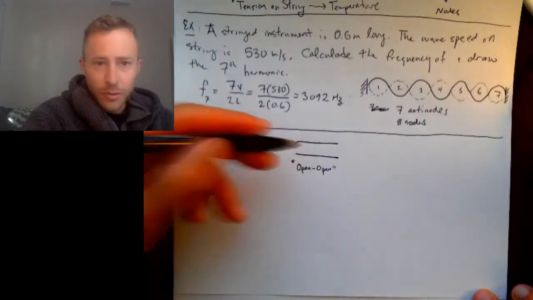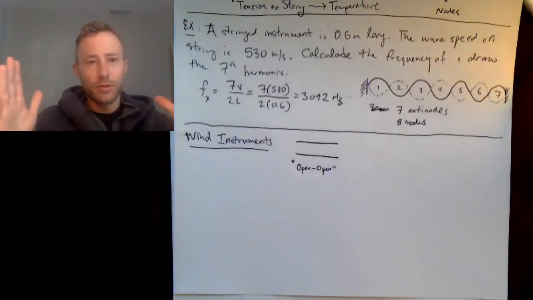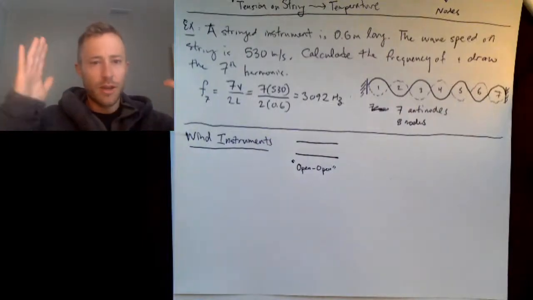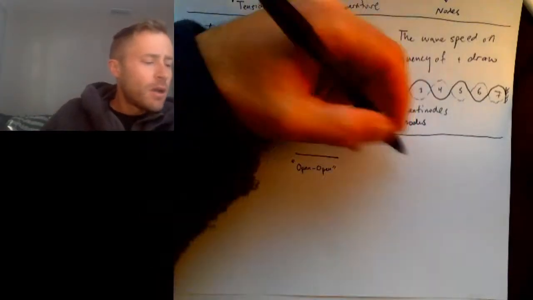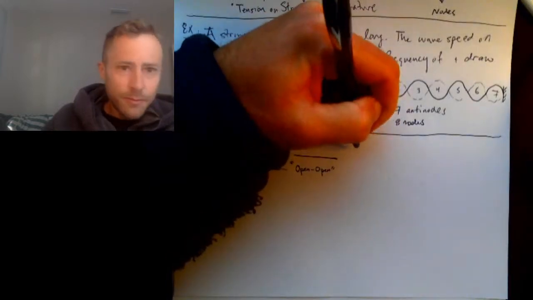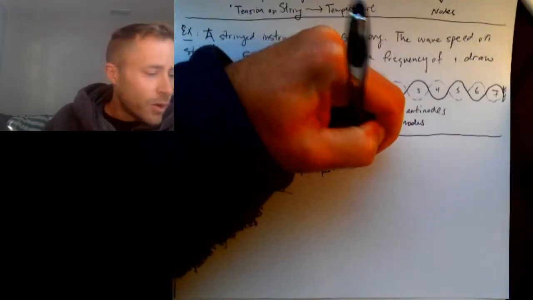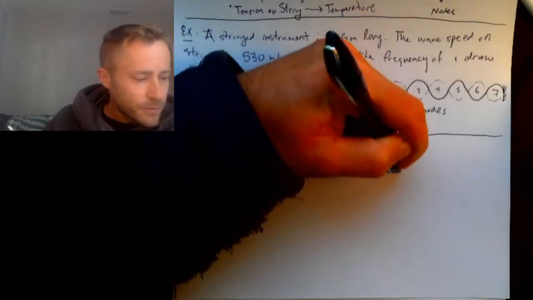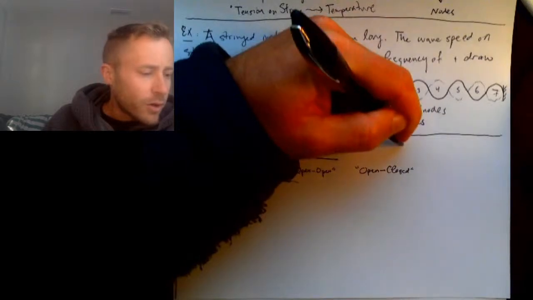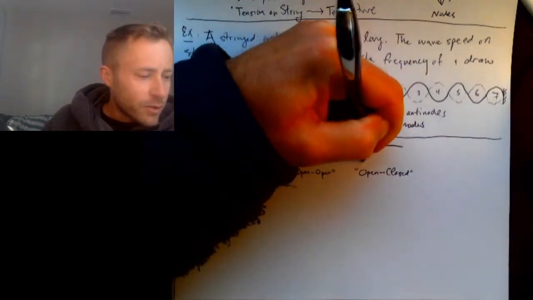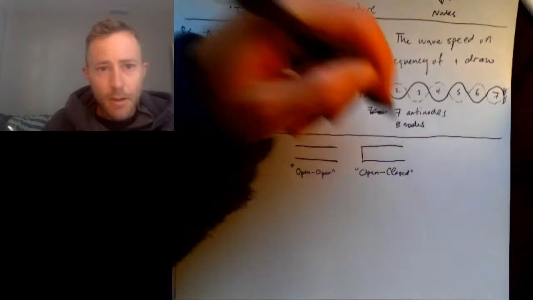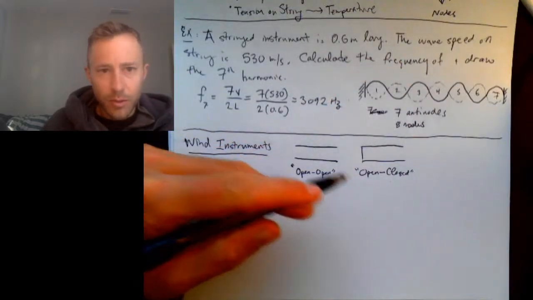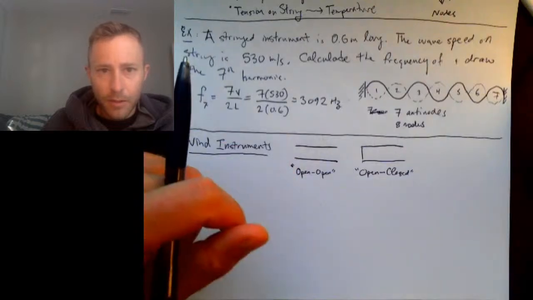There are musical instruments that are open on both ends, and the air vibrates inside it. And then you also have what are called open-closed instruments, which are open on one side and closed off on the other. A lot of wind instruments are either one type or the other type.